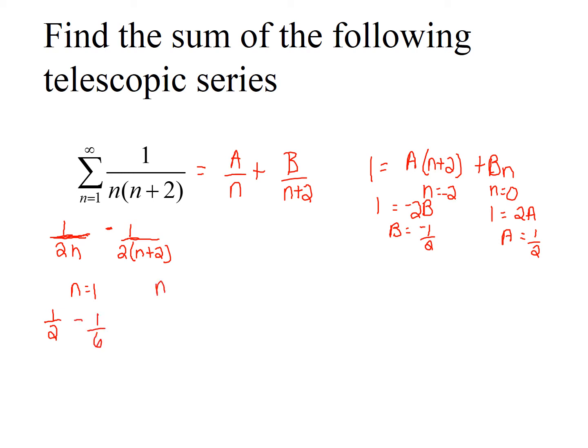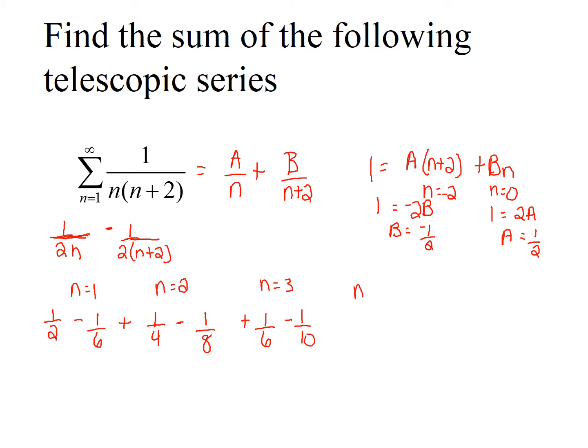When n is equal to 2, I get 1/4 minus 1/8. So it doesn't look like anything's collapsing. Hopefully something will collapse soon. So when n is equal to 3, I get, oh, look at that, positive 1/6 minus 1/10.